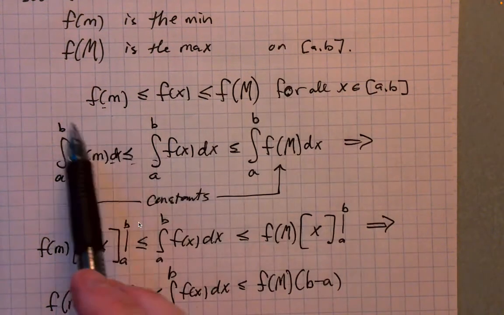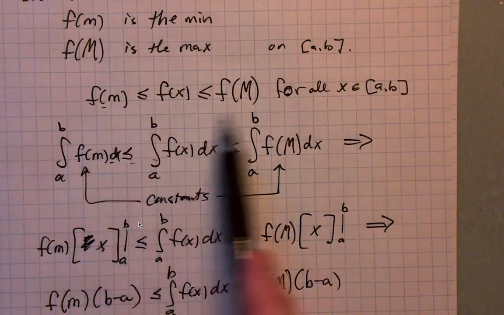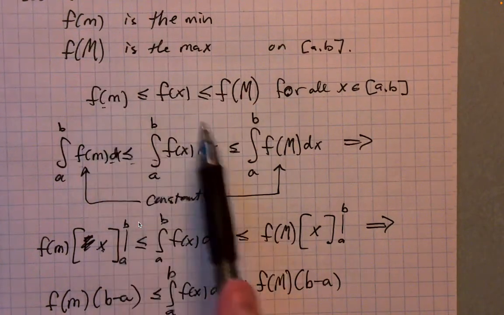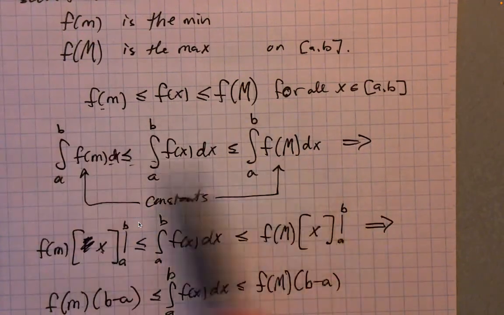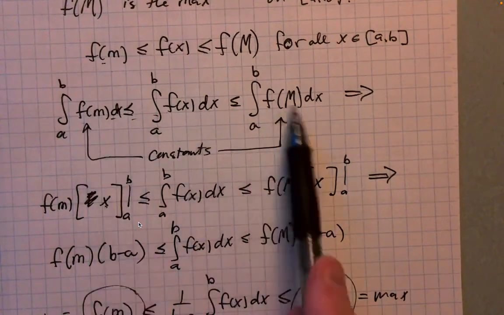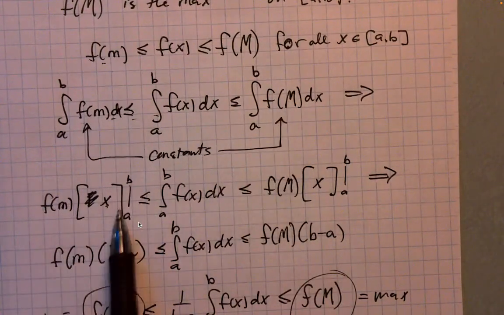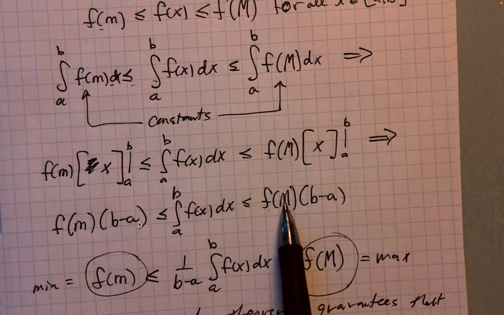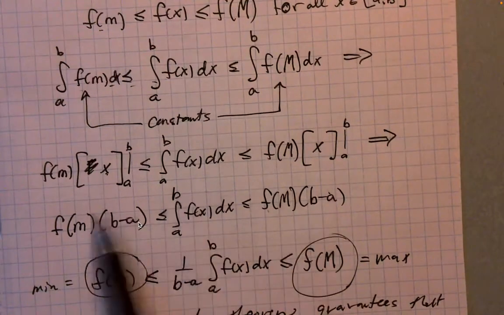And from that, this is just the implication of this being a min, this being a max. You have this. Integration preserves inequalities, so you can integrate all three pieces here. Notice this is a constant, that's a constant, so the definite integral is basically going to be the constant times b minus a, and again on the upper side it's the constant times b minus a, so this is sandwiched between these two constants.